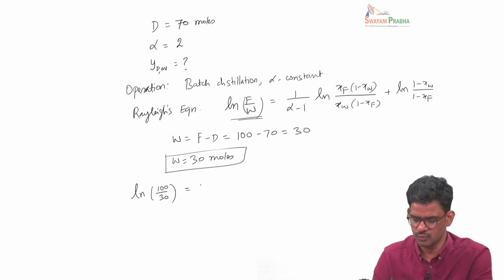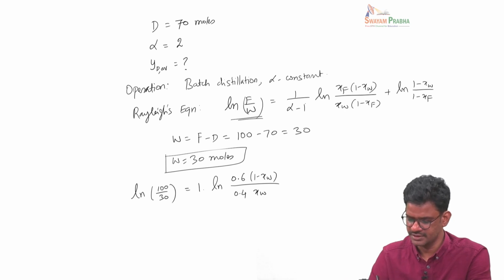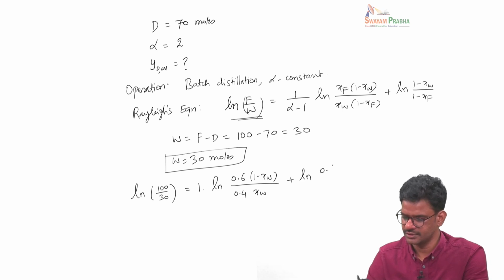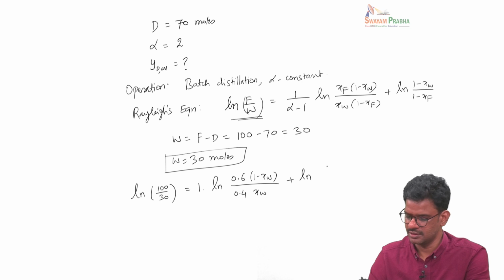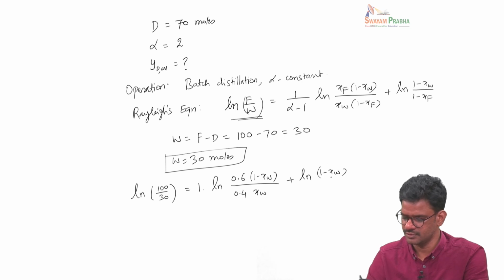So alpha minus 1 is 1, the prefactor is just 1, and then we have ln of XW times 0.6 over 1 minus XW, and here 1 minus XF is 0.4 times XW, plus ln of (1 minus XW) by 0.4.